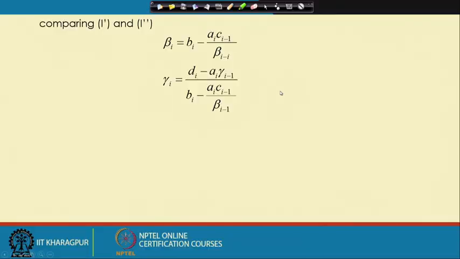Comparing 1 and 1 prime, we can write beta I is equal to B I minus A I C I minus 1 by beta I minus 1.